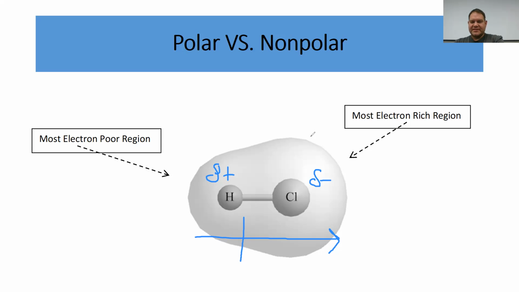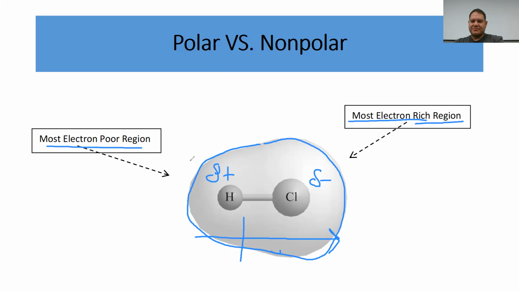Now, because of the egg distribution, these orbital overlaps are showing that there's more negative charge over here, based on the bigger oval shape. That means that this region is known as an electron-rich region. There's an excess of negative charge over here. Whereas over here, where it's getting smaller, this is the electron-poor region of the bond.